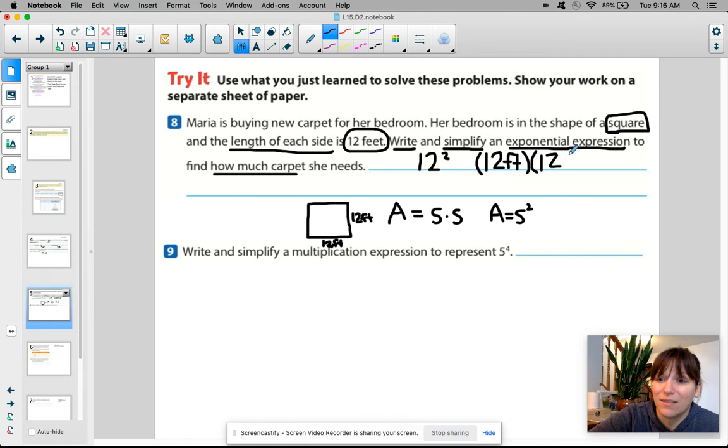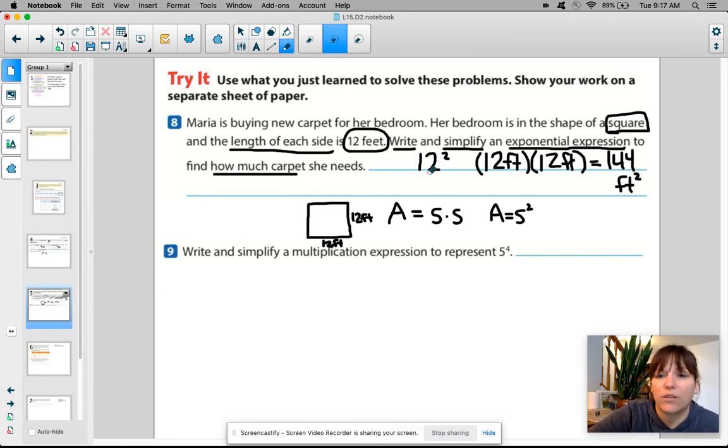That's what that means, including the units along the way. And when I multiply 12 times 12, I could use my calculator, but I know this one is 144. And we have to make sure, just like our exit ticket yesterday, that we include our units of feet with the exponent too. Okay. So just to clarify, I should have included feet here. Sorry, I'm going to use a parenthesis.